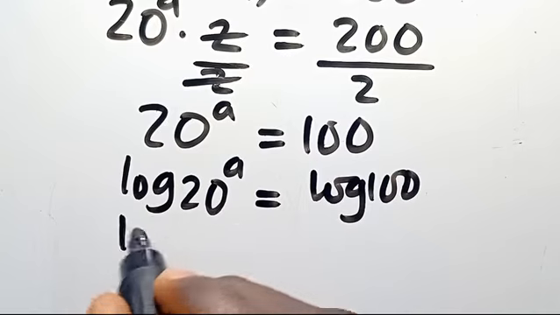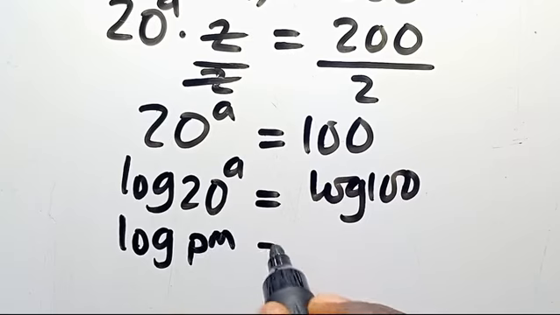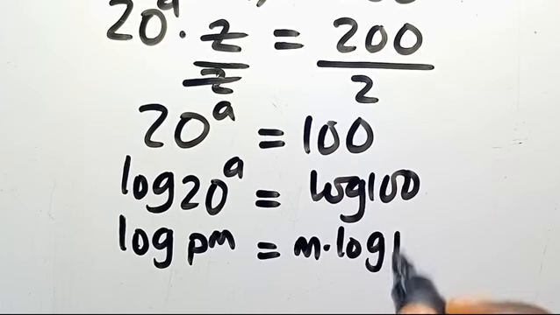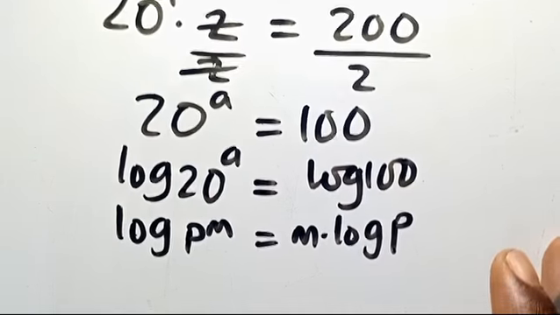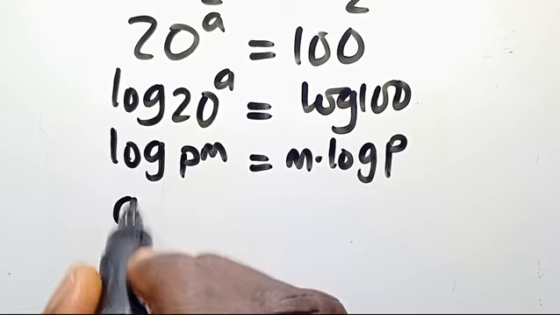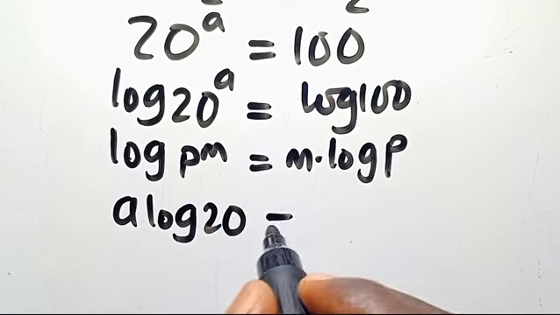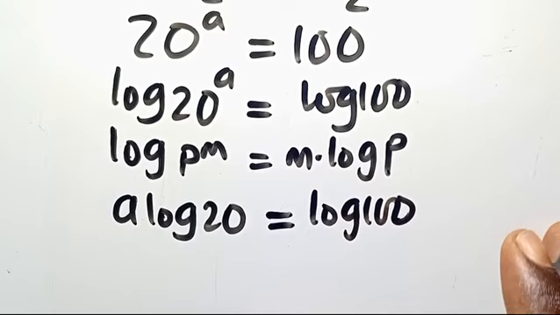Then when you have log p to the power of m equals m multiplied by log p. So we have this to be a multiplied by log 20 equals log 100.